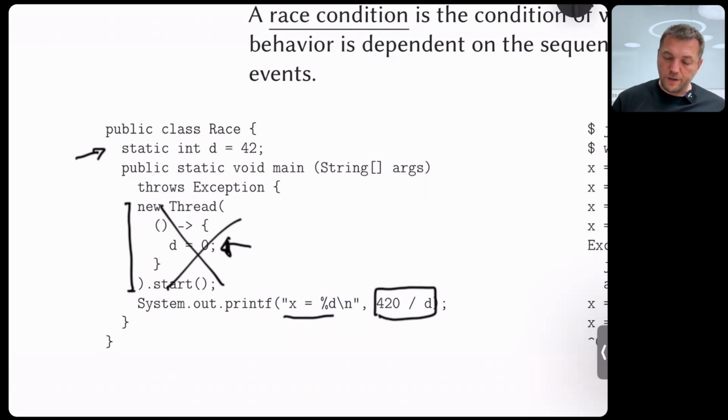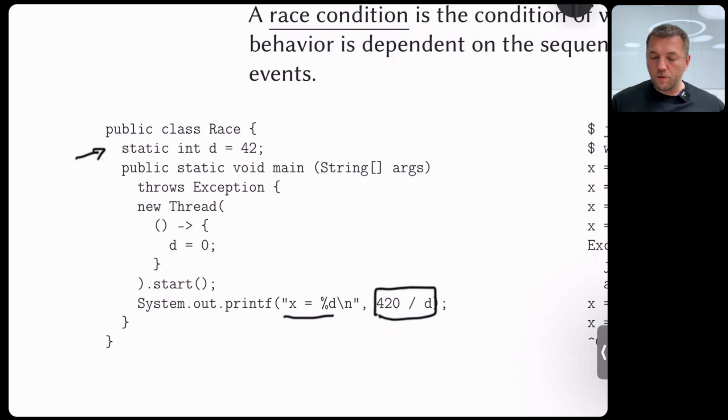However, if I have this thread, then before I reach this point, maybe this instruction will be executed faster, but maybe not. Maybe yes, maybe not. So we don't know in which state the system will be when it comes to this point.